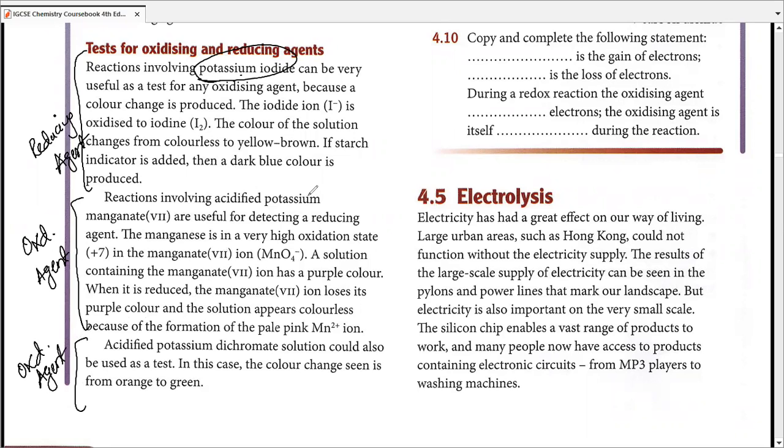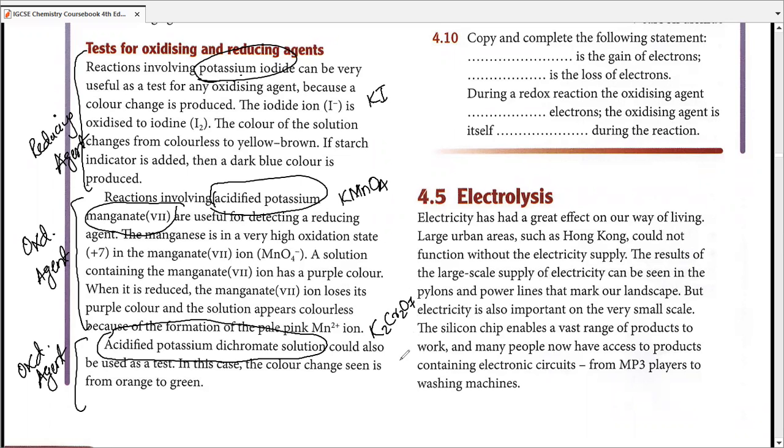Okay, this one, acidified potassium manganate 7, is the oxidizing agent, and this one, acidified potassium dichromate solution, is the oxidizing agent. So potassium iodide KI is the reducing agent, potassium manganate 7 KMnO4 is the oxidizing agent, potassium dichromate K2Cr2O7 is the oxidizing agent.